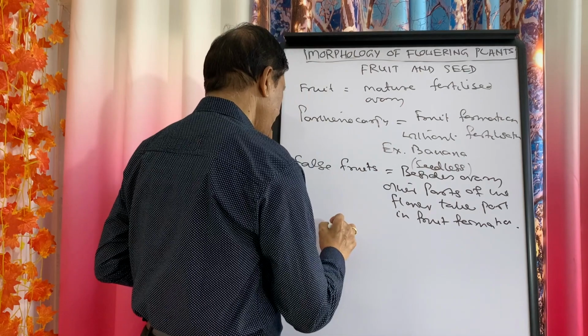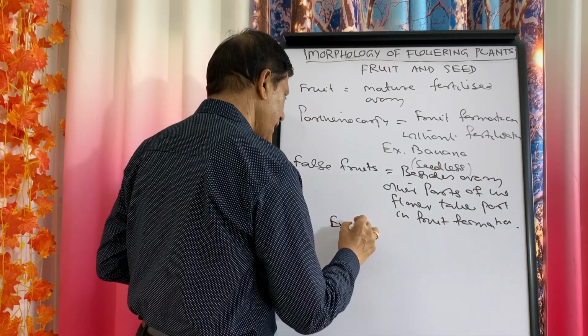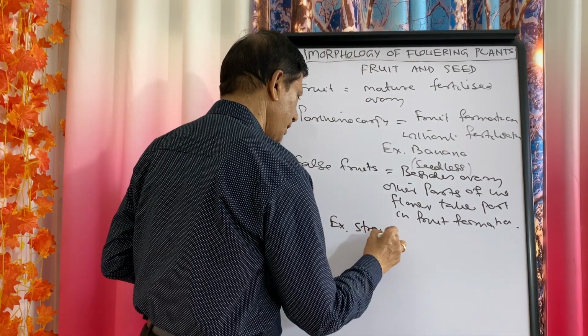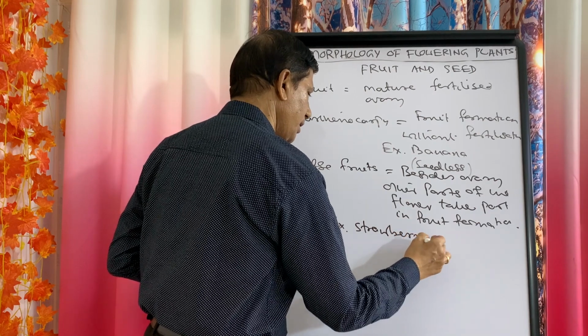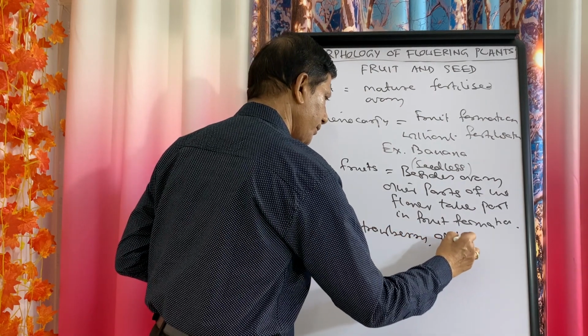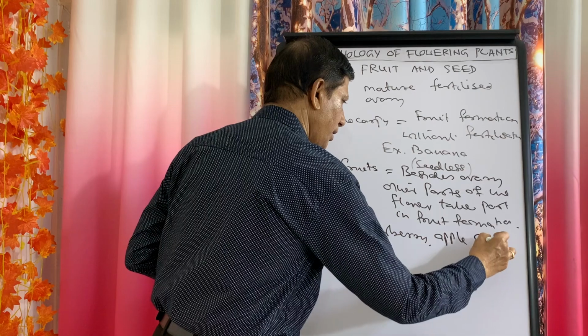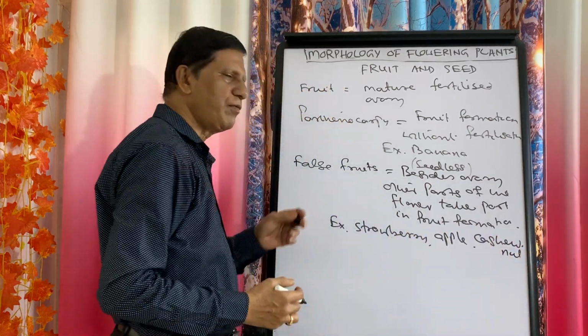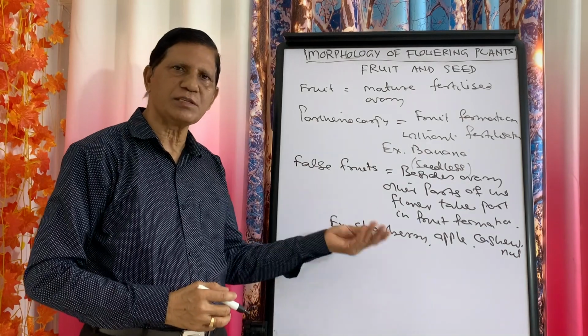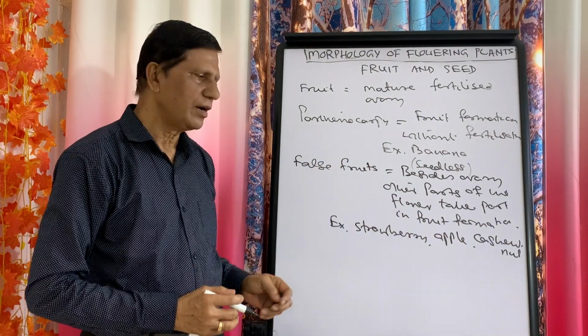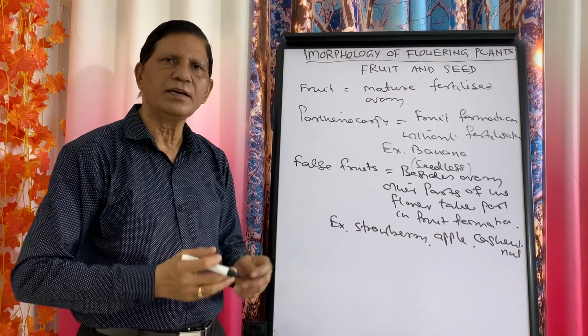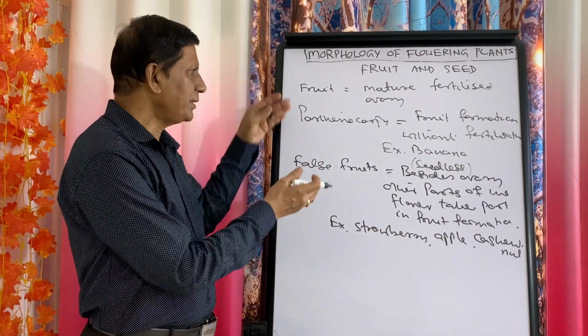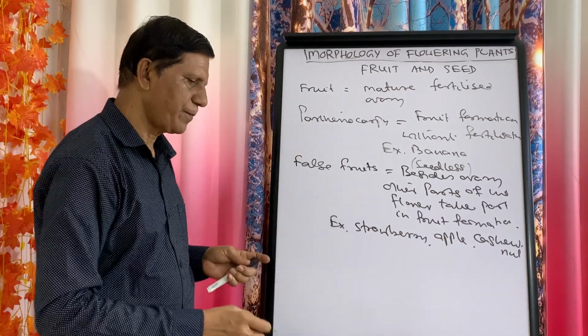Common examples are strawberry, apple, and also cashew nut. These are false fruits, because here the thalamus takes part in the formation of the fruit. The edible part of apple is the thalamus. So these are the different types of fruits.